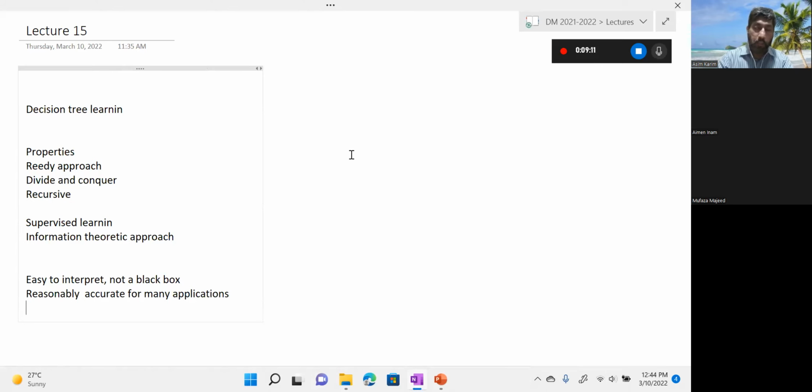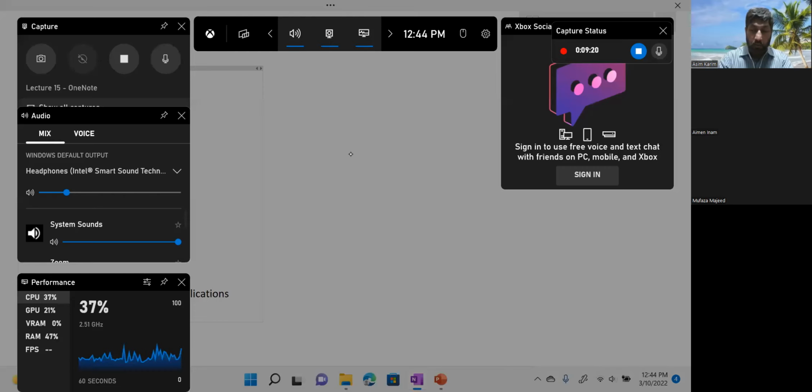Okay, so it's accurate for many applications, and robust to, you can say, scaling and translation issues. For example, if you have a data set in which you have income, which typically would range from let's say 10K to 100K or 1000K, and you have another attribute which is age, which typically ranges from 0 to 100, usually you do not need normalization for applying decision tree algorithms.